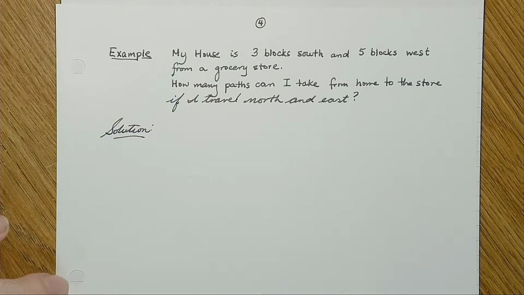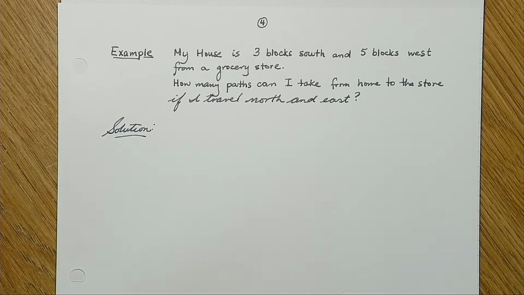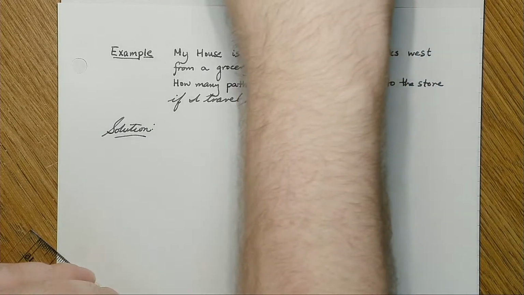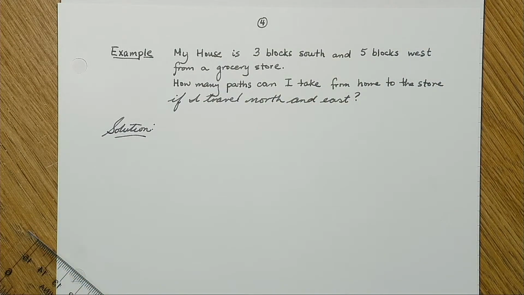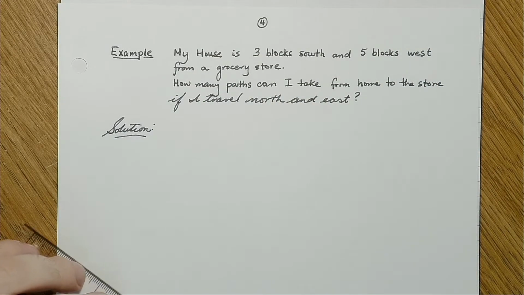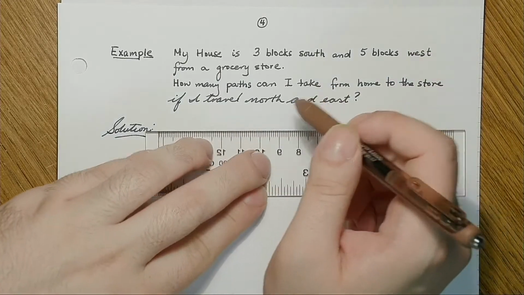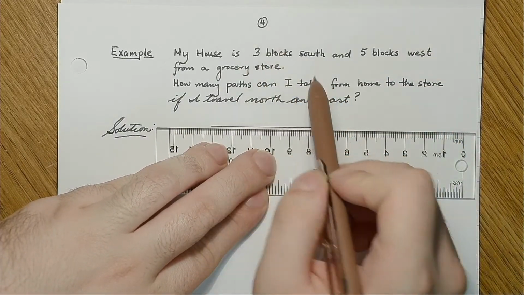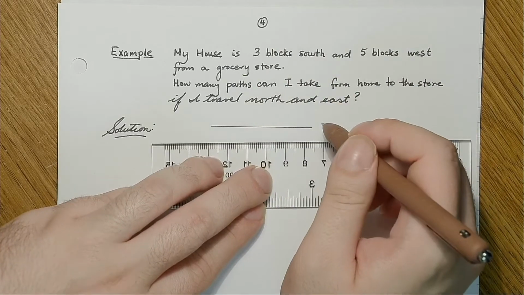Okay. So here's the solution for this. The first thing we should do is draw a diagram. Let's use brown because it's like a road. So let's draw a grid. So I have 3 blocks south and 5 blocks east.